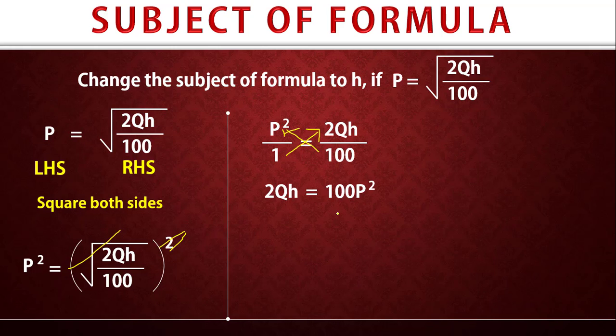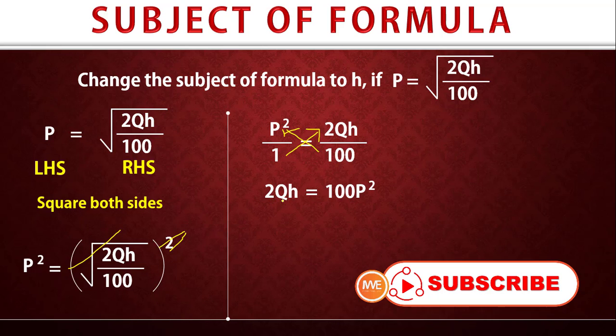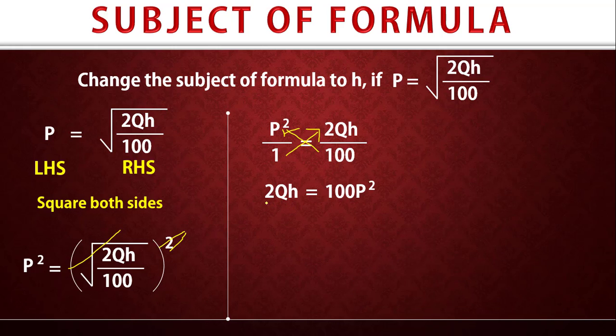Getting here right now, remember, don't forget, we are making h the subject of the formula. So what are the other things that could stop us from making h the subject? Those things will be 2q. Remember that this 2qh means 2 times q times h. So how do we remove this 2q? To remove it is very simple. All you need to do is divide both sides by 2q. You understand?